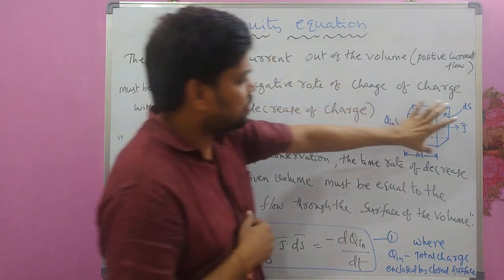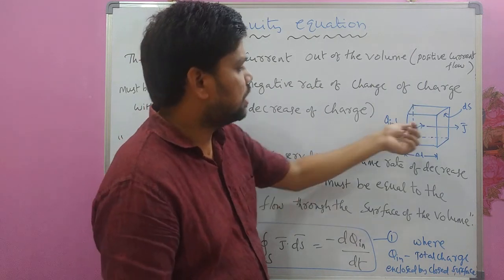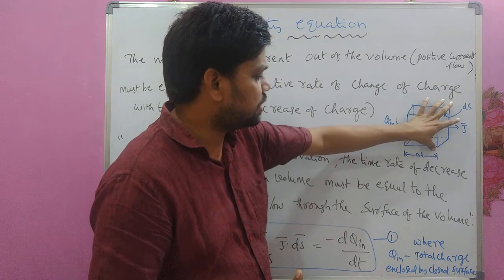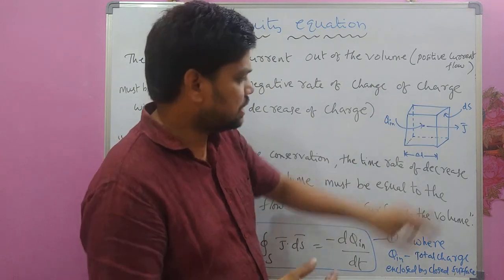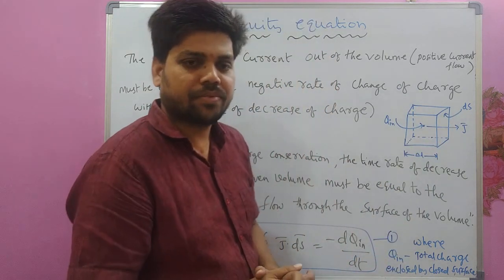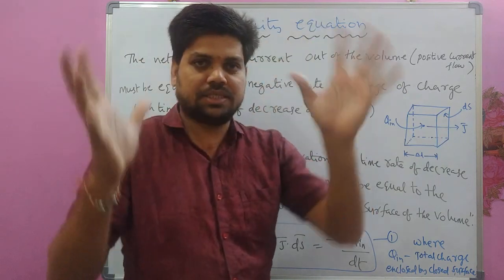You can consider one body which is enclosed with Q charge. The total charge enclosed by this body is Q. This is in a cubical shape, for example, and this is area ds. It has 6 faces.